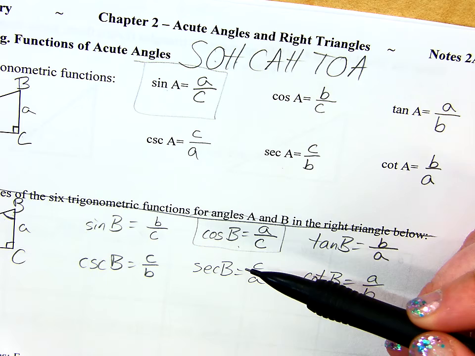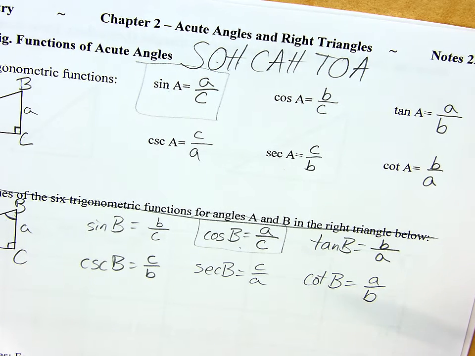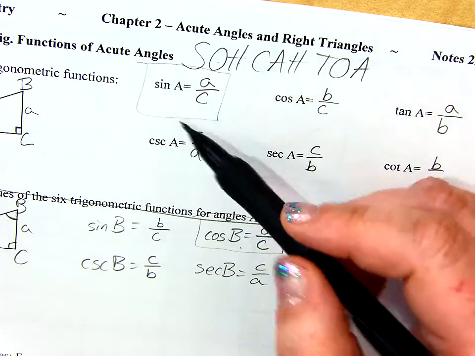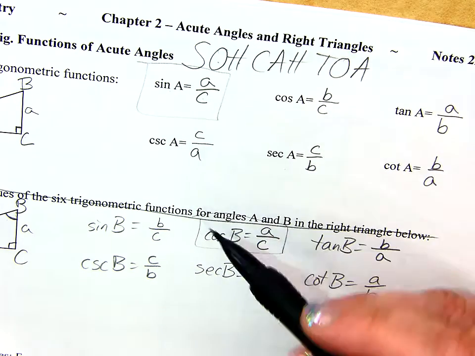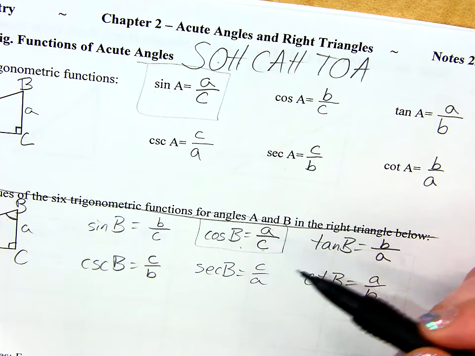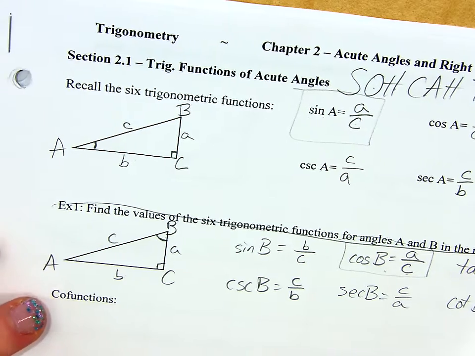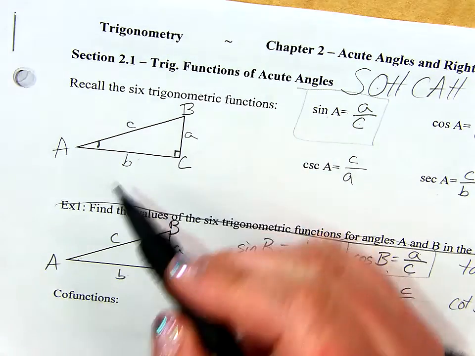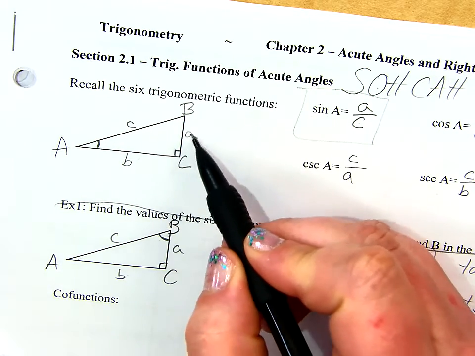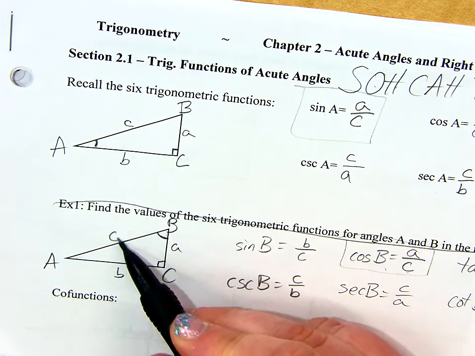They are. That's what we refer to as cofunctions. So basically, look at that. Sine of one angle is equal to cosine of the other angle. But doesn't it make sense? Because think about what A and C are. They're just two sides of the triangle. Right? So when I did sine of A, that was opposite over hypotenuse. But when I'm doing cosine of B, that's adjacent over hypotenuse.